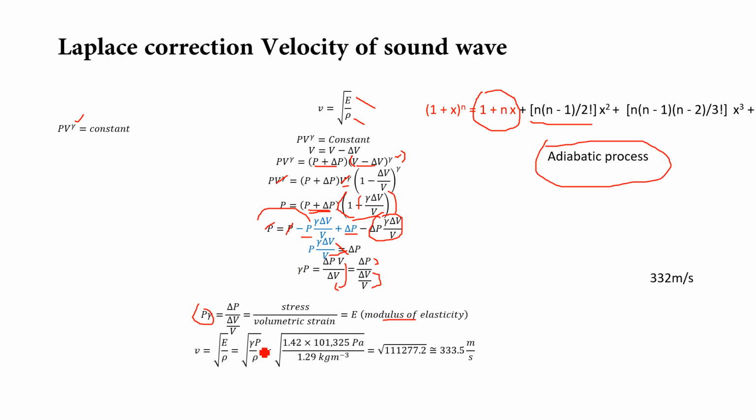Now here again substituting the value for atmospheric pressure, atmospheric density, and the value of the gamma here is 1.42, and this 1.42 depends on the medium. For the case of air, this value is equal to 1.42. Substituting these values and solving, we will get 333.5 meter per second, and this is nearly equal to the experimental value.